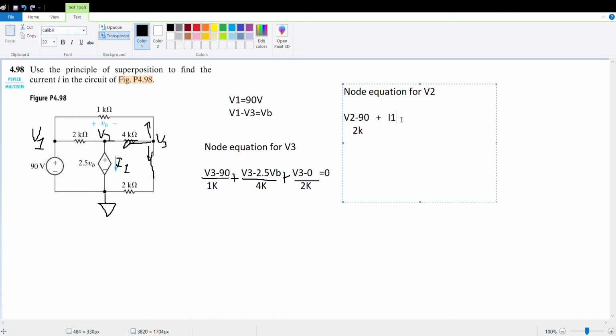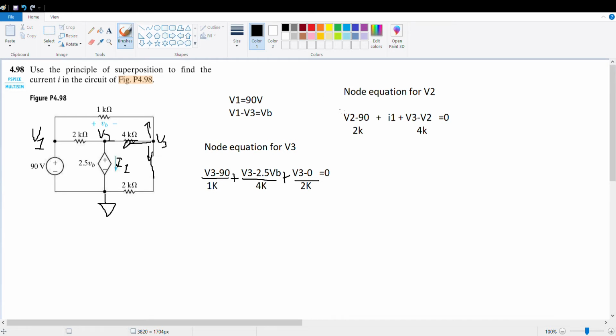I use lowercase i to avoid confusion. Plus V3 minus V2 over 4 kilo ohms, equal to 0. So those are our node voltage equations.